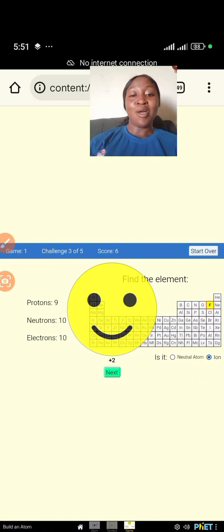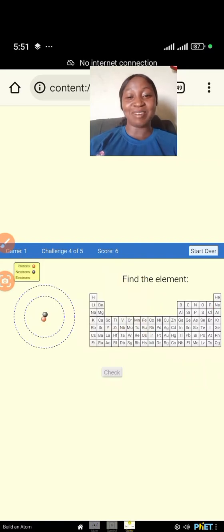In a neutral atom, the number of protons is equal to the number of electrons. That would be 9 and 9. But for the fact that it is 9 and 10, it means this fluorine has gained an electron, making it 10. So I am going to choose fluorine. They will ask me if it's neutral or ion, so I will choose ion because it's gained. And I check. Wow, I got it.